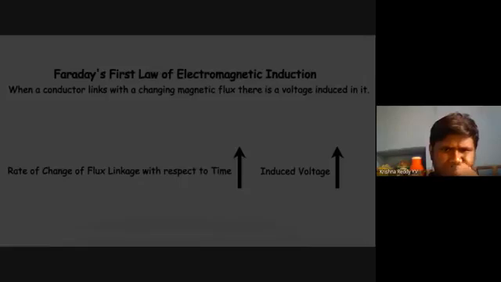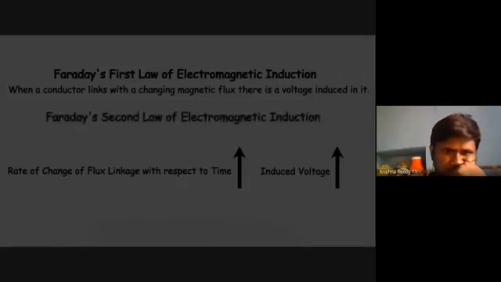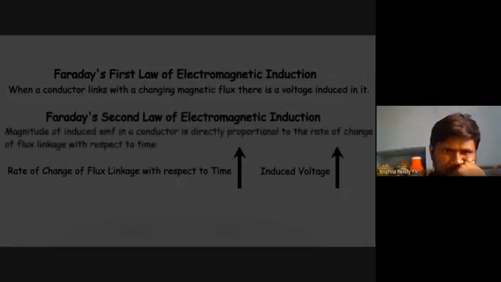The increase of relative motion between magnetic field and conductor means an increase in the rate of change of flux linkage with respect to time. Michael Faraday stated that in his second law of electromagnetic induction. His second law states the magnitude of induced EMF in a conductor is directly proportional to the rate of change of flux linkage with respect to time.